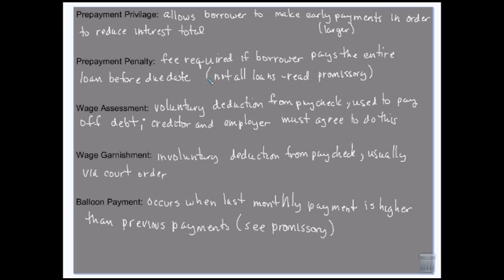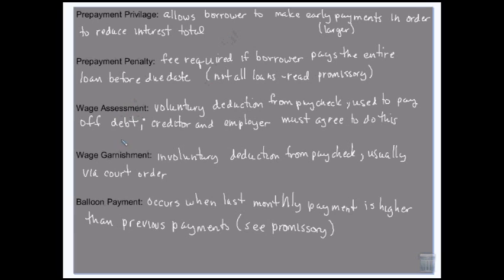So let's say you have a 6-year car loan and you pay it off in 3 years, they're going to miss out on 3 years worth of interest, so they're going to charge you a penalty. Again, though, that's not all loans. But they have to stipulate in the promissory note. If there's a prepayment penalty, they have to say so. Just like if you're allowed a prepayment privilege, they have to say so.